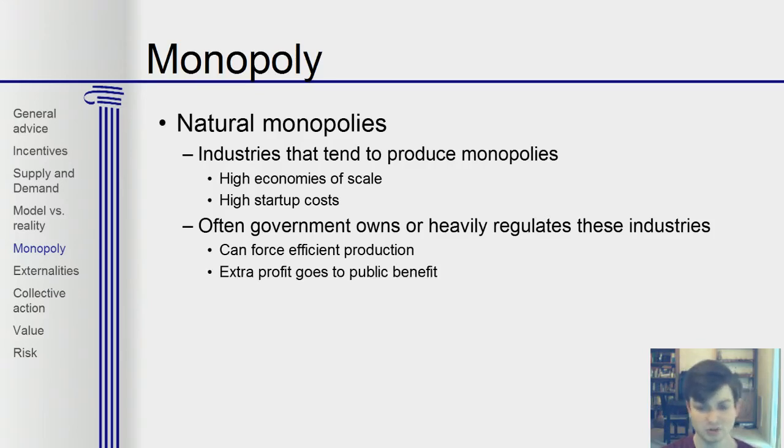Or what they can do is say monopolies are going to produce less and gain this extra profit above and beyond the compensation for the cost of production. But by the government owning that, for example, they can guarantee that that extra profit that normally comes at the expense of consumers goes to some sort of public benefit, rather than to some sort of lucky private owner who happens to have this monopoly.